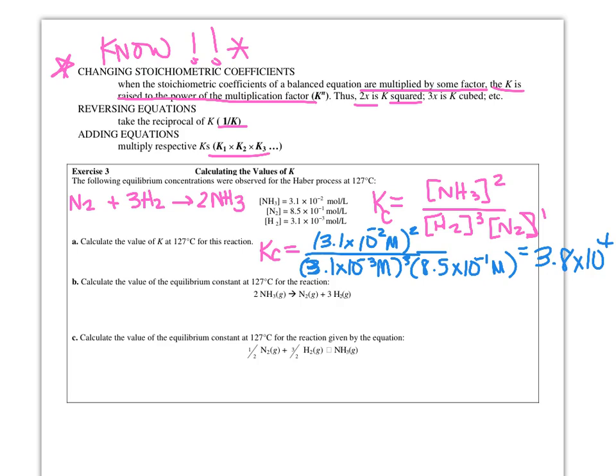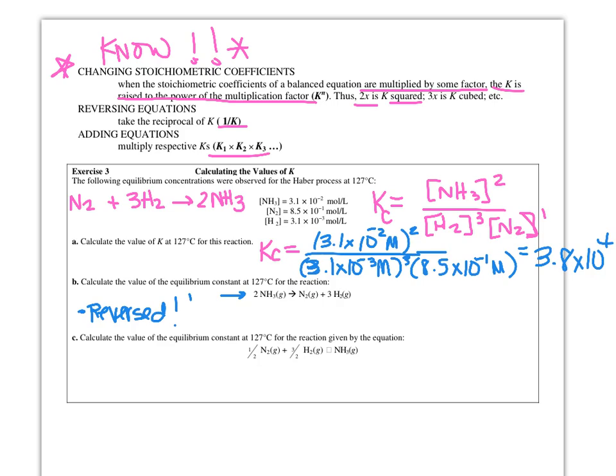All right, so the question in B asked me to calculate the value of the equilibrium constant for this reaction. So notice what happened in this reaction. First, we reversed the reaction, and that's essentially it.